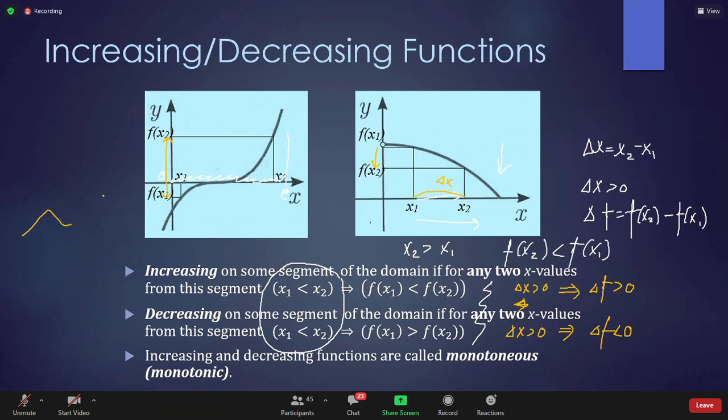So for some segments of x, the function increases. For some other segments of x, the function decreases, then increases again, decreases again, and so on. So we call these intervals of monotonicity, intervals of increase, intervals of decrease, but they refer to the x intervals.